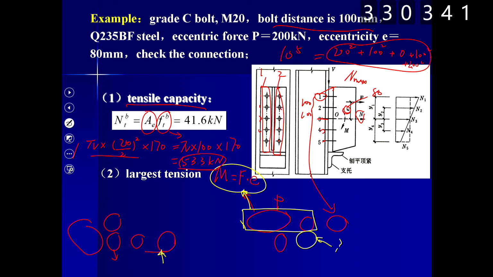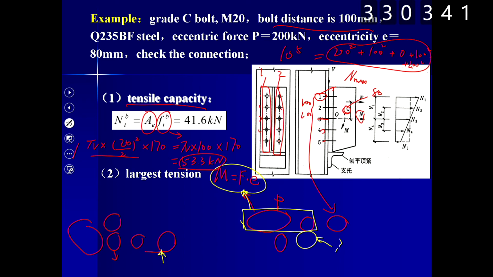And M20 means the diameter is what? 20 millimeters, right? And we can calculate it for the transition, this is 20 millimeters.